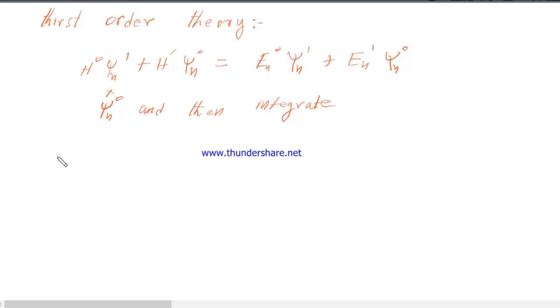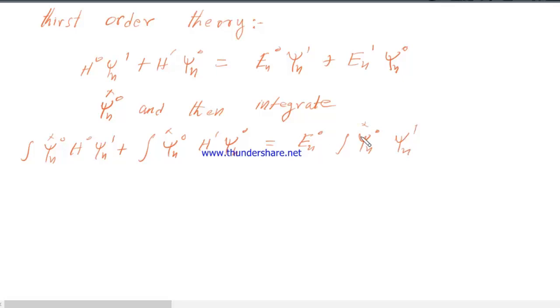Then we will get the integral of psi n naught star H naught psi n1 plus the integral of psi n naught star H dash psi n0 is equal to E n0 times the integral of psi n0 star psi n1.